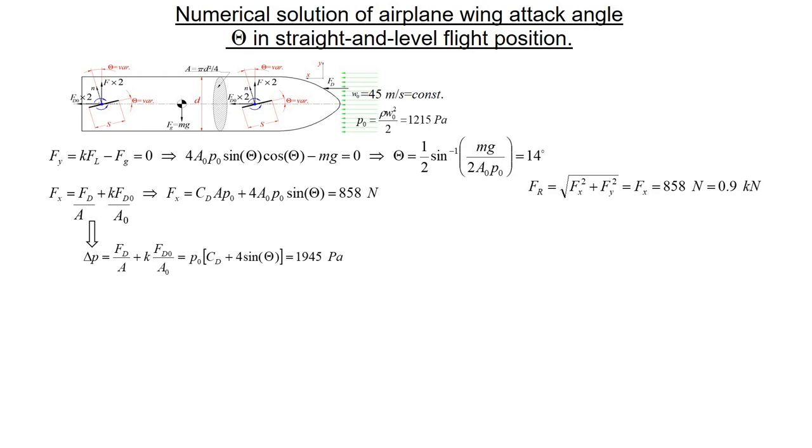Velocity to overcome drag pressure loss in the x-axis direction is equal to the energy quantity to keep the airplane in a straight and level position at steady velocity W0 equals 45 meters per second.